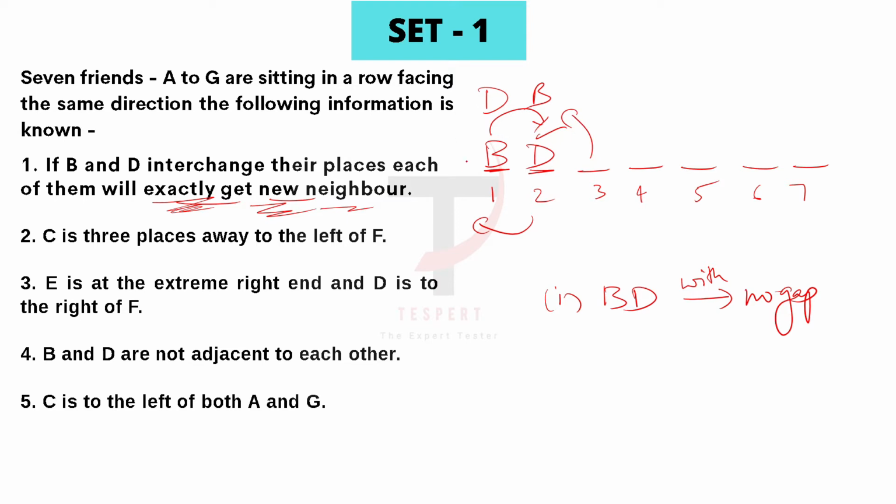D won't be getting any new neighbor. B was the neighbor and B is the neighbor here also. So for B there is a new neighbor, but for D there is no new neighbor. Hence the first statement is getting violated. So B and D with no gap is possible, but B and D with no gap and B at one of the extreme ends is not a possible case, to get a new neighbor for both of them.